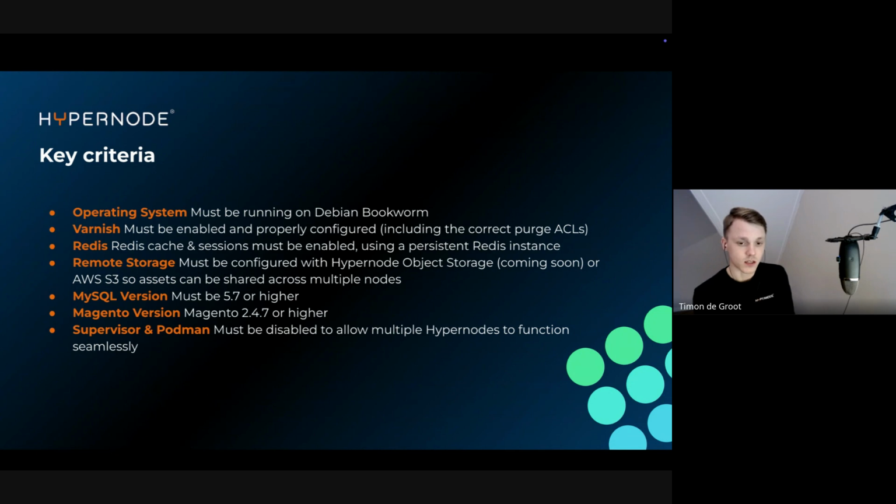And that makes it seamless because nothing really changes. Your Hypernode is still handling traffic, but now instead of sending the request to a local PHP-FPM service, it's being sent to a different server. And on the front end, you don't really notice anything because you have Varnish enabled, right?